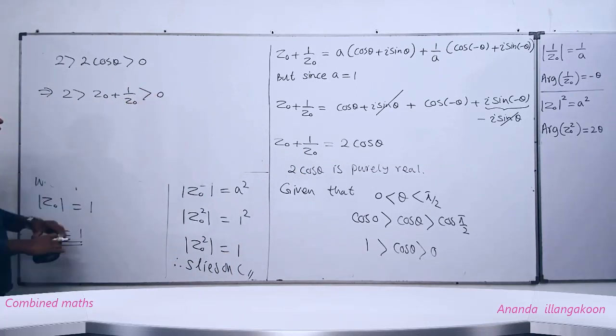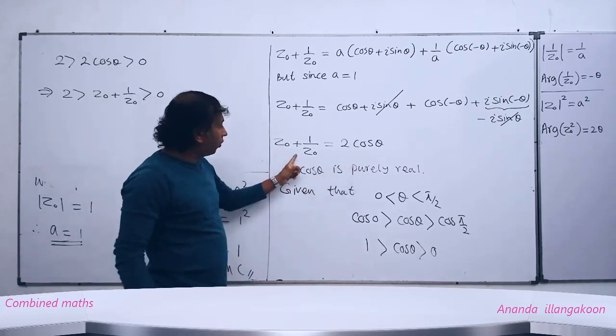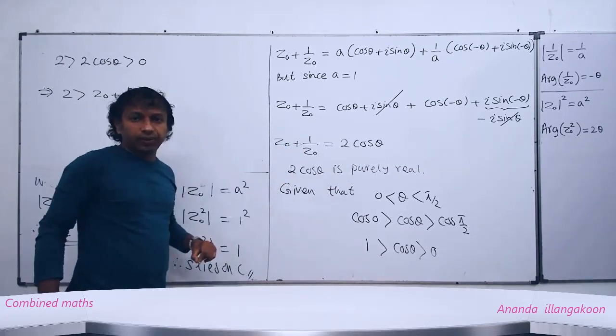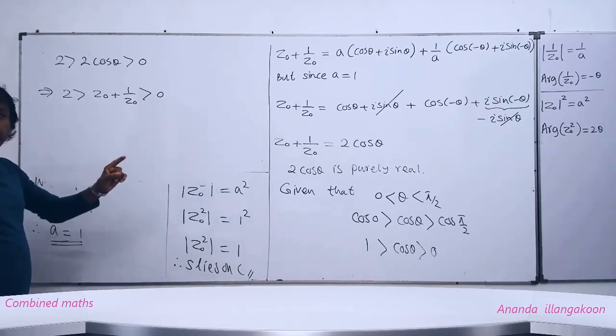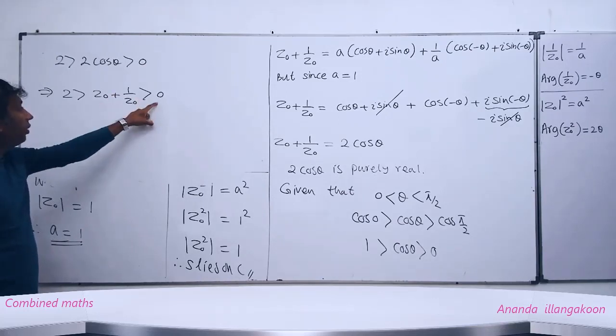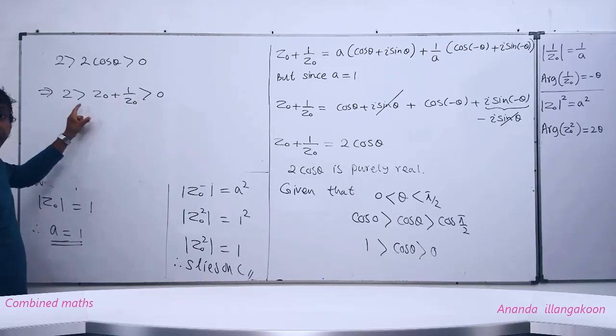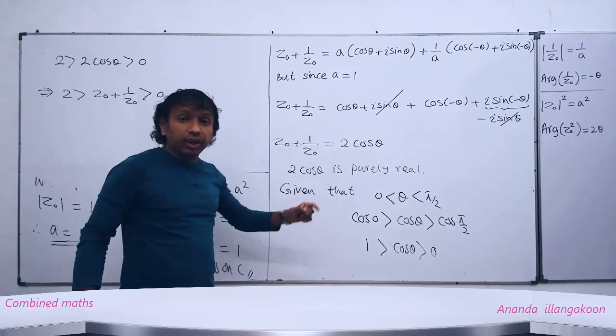You can very clearly understand that 2 cos theta is purely real, we said. Therefore, Z0 plus 1 upon Z0 is purely real. Therefore, the point that represents this complex number should be on the real axis. Since its value is greater than 0 and less than 2, that point R should lie between 0 and 2 on the positive real axis.